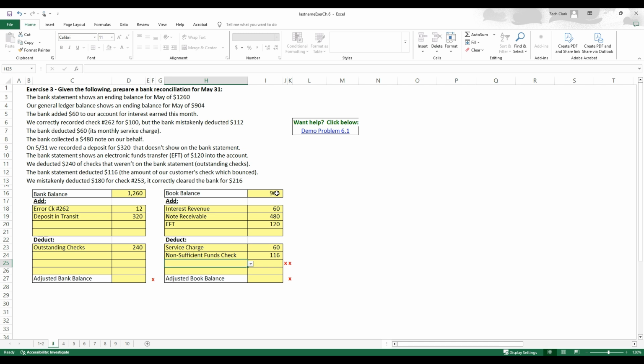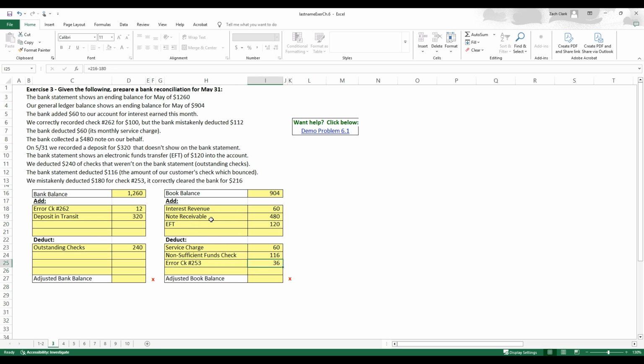So this amount of 904 is the result of a reduction of 180, but it should have been reduced by 216 instead, because that was the actual check amount once we got that back. And so we need to take the difference basically here and say 216 minus 180. And let's see, there we go. It's weird they both went away at the same time.